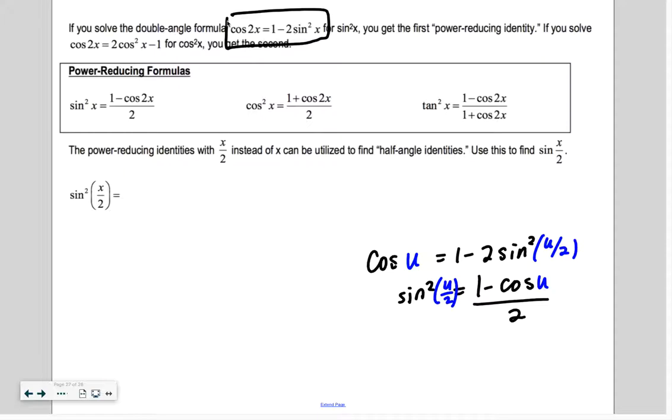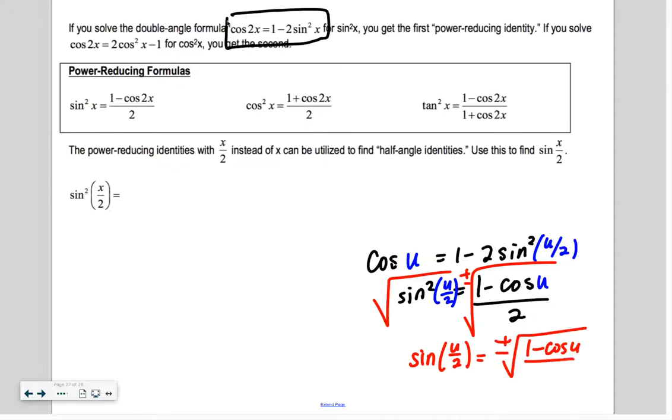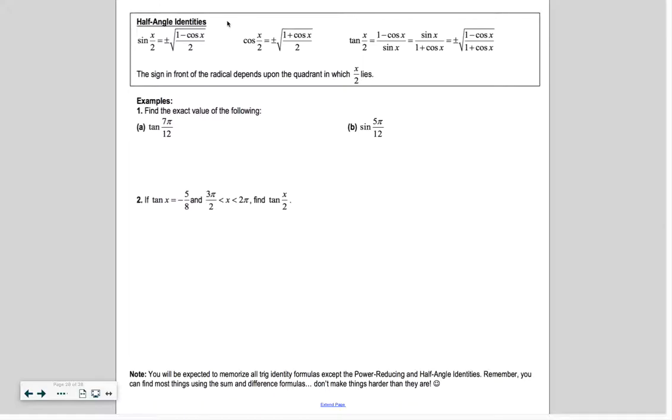So you know how we did double angle is related to single angle? Now we're going to do half and single. And what happens is we take the square root of both sides. So we get the sine of half of an angle ends up being plus or minus the square root of 1 minus cosine of u over 2. Okay? So you don't have to write anything there on the notes. This is what leads to these.